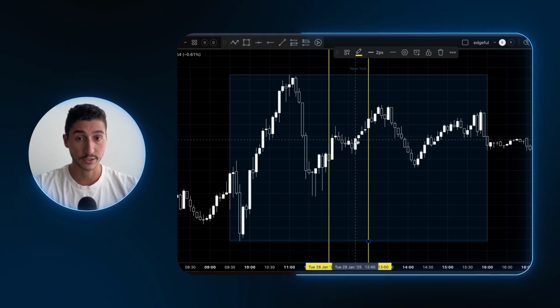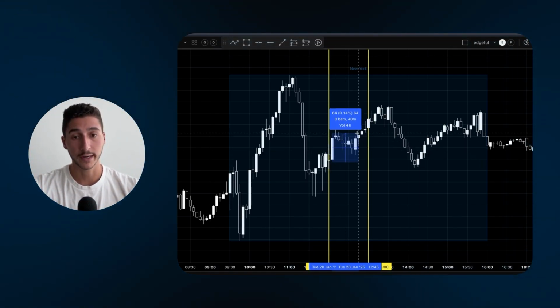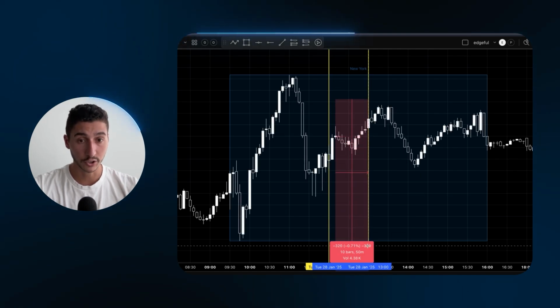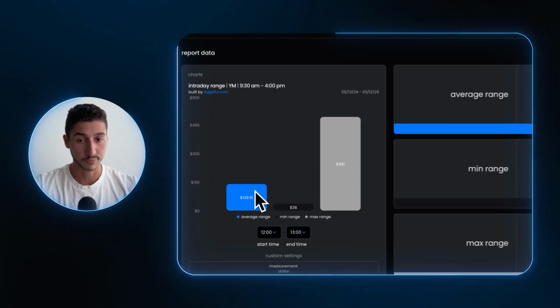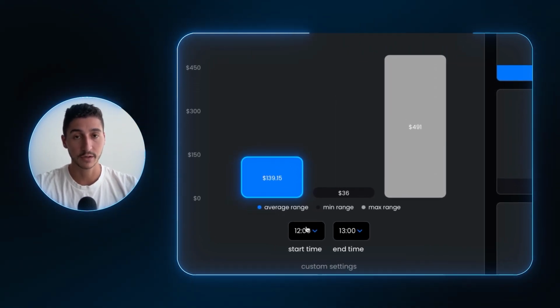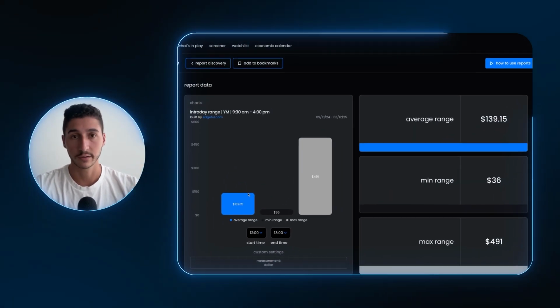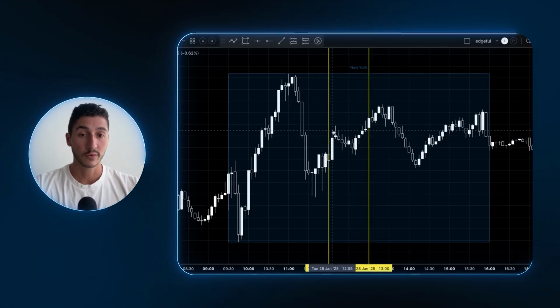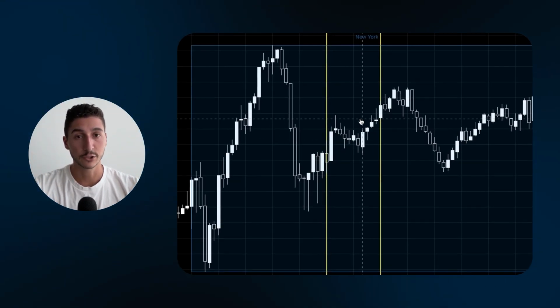So if you are going to trade during lunchtime, you need to set the proper expectations of a smaller range. You cannot expect larger moves to happen during this time because the average move, and the blue one's obviously the one that you want to focus on, the average move during this time period in the last 6 months is 100 points less than in the morning. So that's one of the ways that you can start to use this report, to tell you what is the expectation of my range.